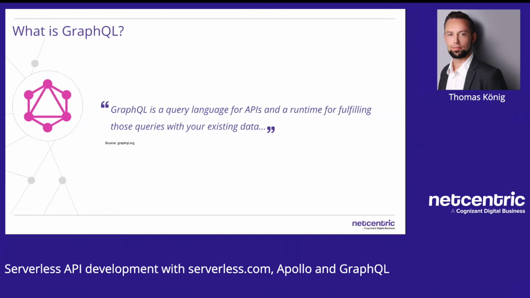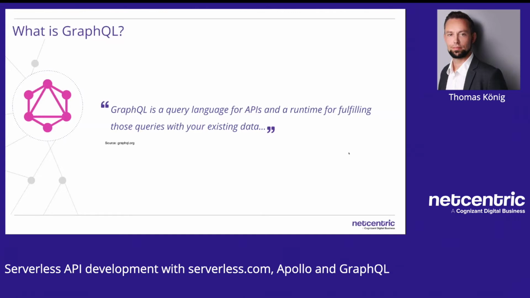To be able to do that, you have to describe the data of your API in a so-called type system, which is then used by the GraphQL runtime to fulfill your queries, and which is the basis for the contract between the client and the server, which both sides can rely on.